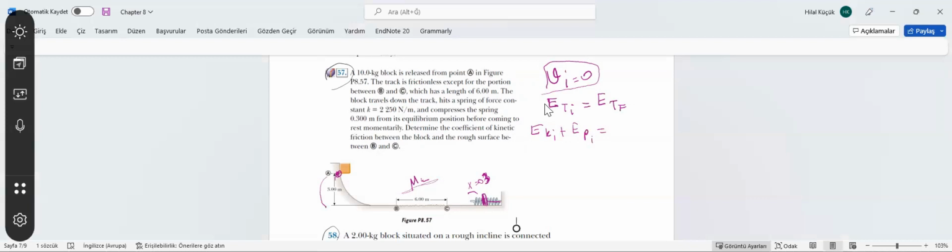Be careful for this part. Maybe I need to write here. Okay, again, potential and work done by friction. Okay. I will change my pen.